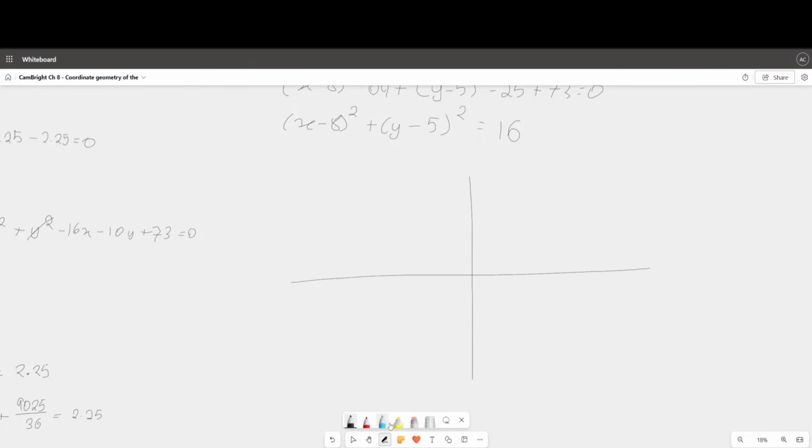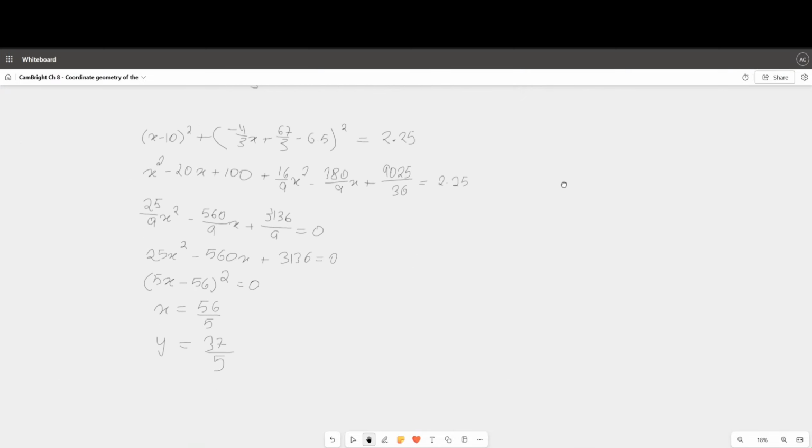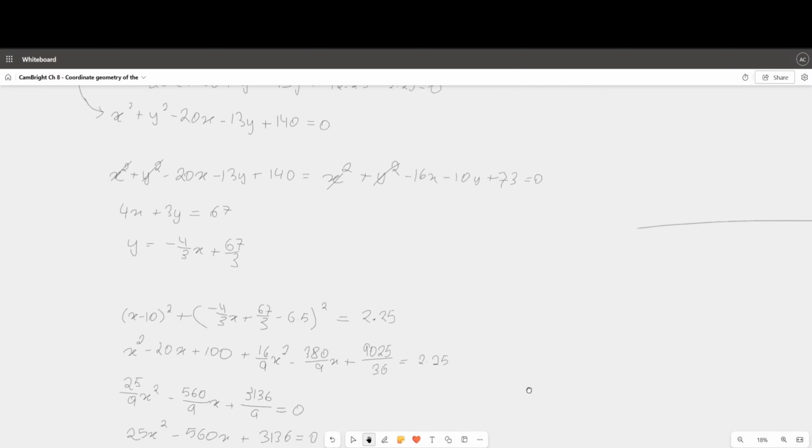So if we are to draw two axes, you can see that this has a centre at 8, so this will be 8 over here, comma 5, with the radius of 4. So 4 comma 5 over here, 8 comma 9, 12 comma 5, and 8 comma 1. So this is one circle. Now we see there's actually one point of intersection.